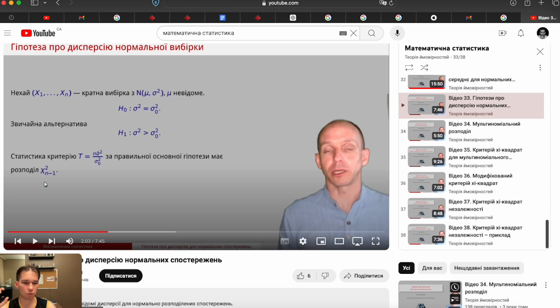So what do we do? Okay, we say that the estimate of sigma squared is basically 1 over n, sum over i from 1 to n of xi minus mu to the power of 2.